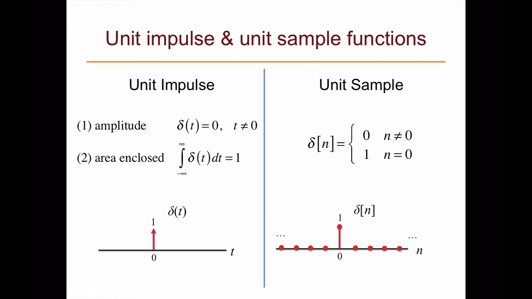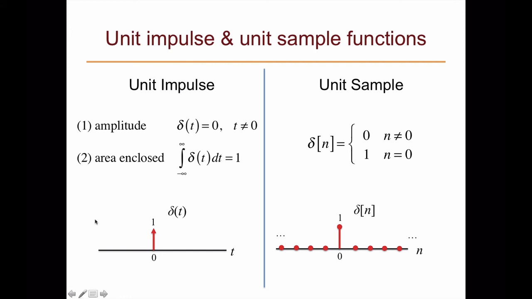So let's imagine that if we reduce the time of impact to be shorter and shorter while applying the same amount of force, then the amplitude of that force would be higher and higher. Just like if you hit the object in a very short period of time, very fast, with the same effort, then you get a higher amplitude.